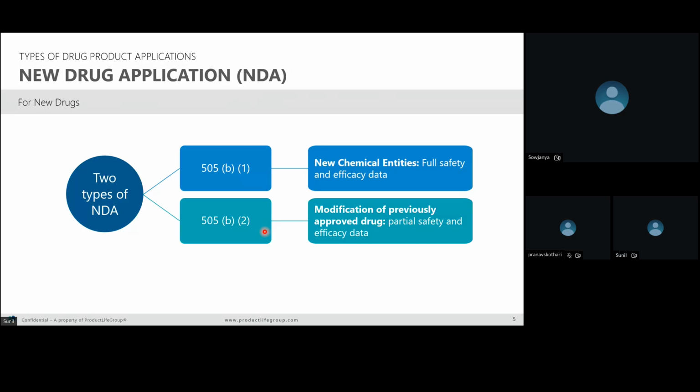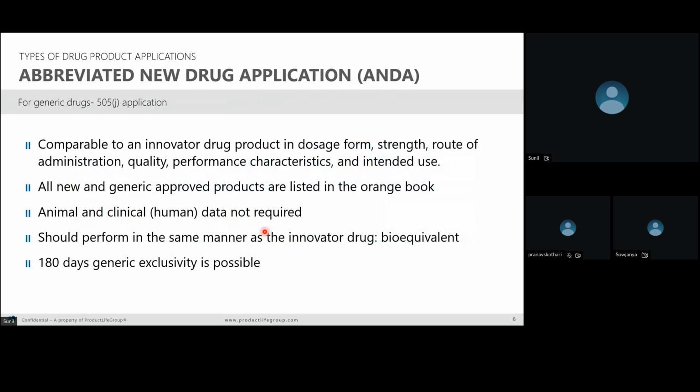So these are two types of NDAs, 505(b)(1) and 505(b)(2). Now we come to the most common and popular one, the ANDA, that is the pure generic product. This falls under section 505(j) of the FD&C Act.